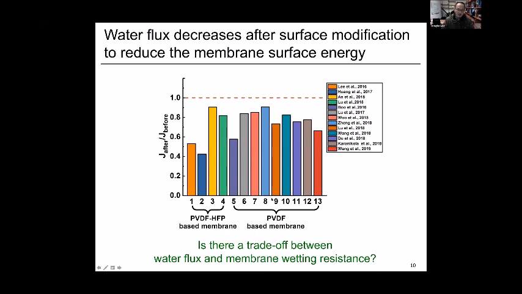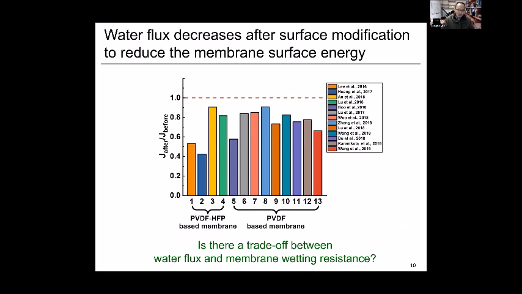If you look at this chart, the y-axis is the water flux after such wetting resistance modification divided by the water flux before the modification. As you can see, in all these recent studies, once the membrane becomes omniphobic, the water flux was decreased from the previous flux when the membrane was just hydrophobic.